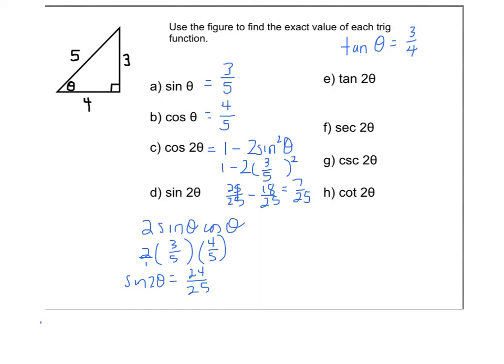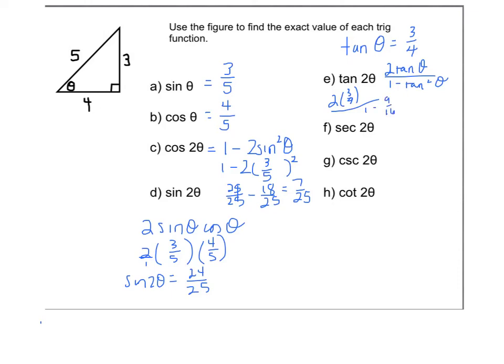Now, tangent. If I don't know tangent, I would know that this would be the tangent formula: 2 tangent theta over 1 minus tangent squared theta. All right, so I know tangent theta is 3/4, so I would do 2 times 3/4 on the numerator, and the denominator would be 1 minus 9/16.